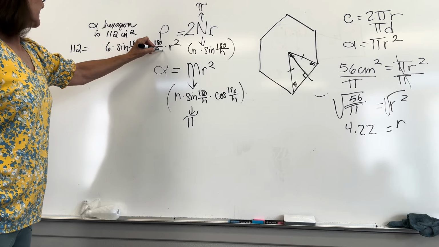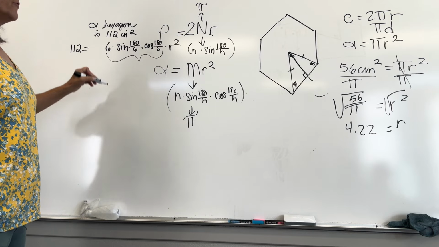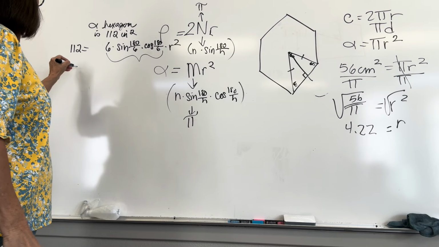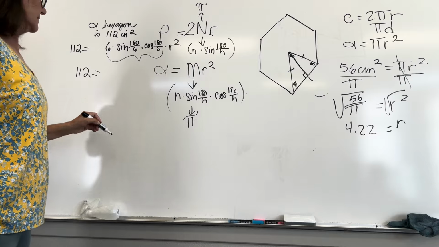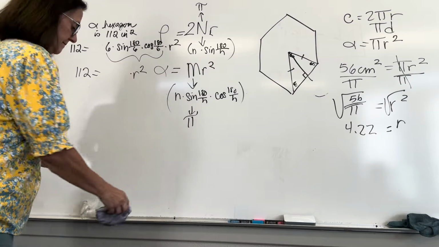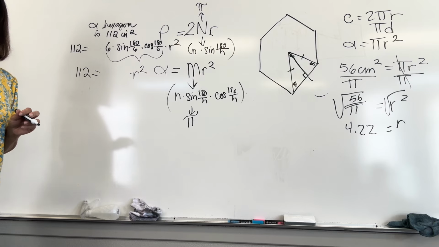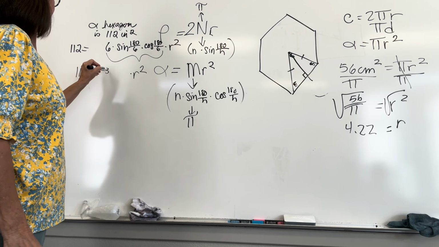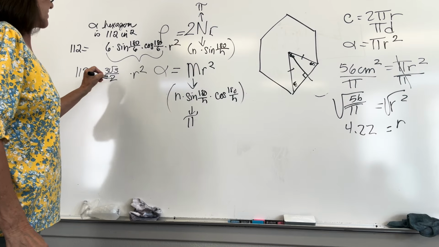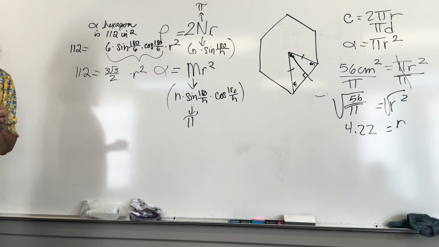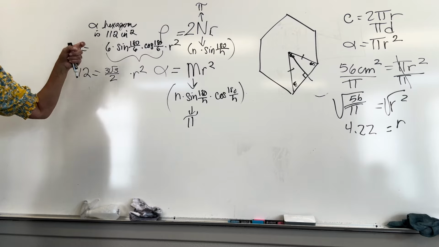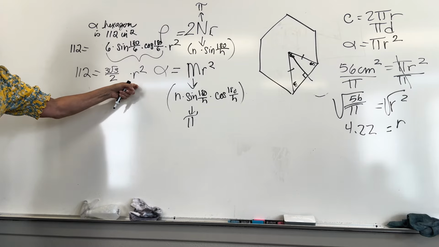All right, so somebody get this number for me: 6 times the sine of 180 over 6 times the cosine of 180 over 6. Three square root of 3 over 2. All right, how do I solve for r squared? Show me the algebra. I have 112 equals 3 square root of 3 over 2 times r squared.